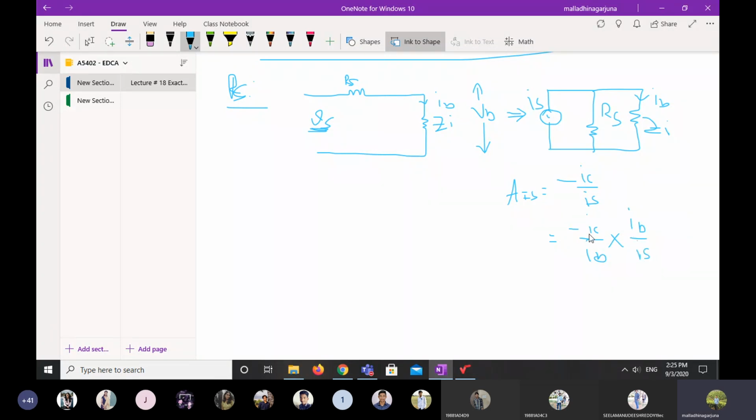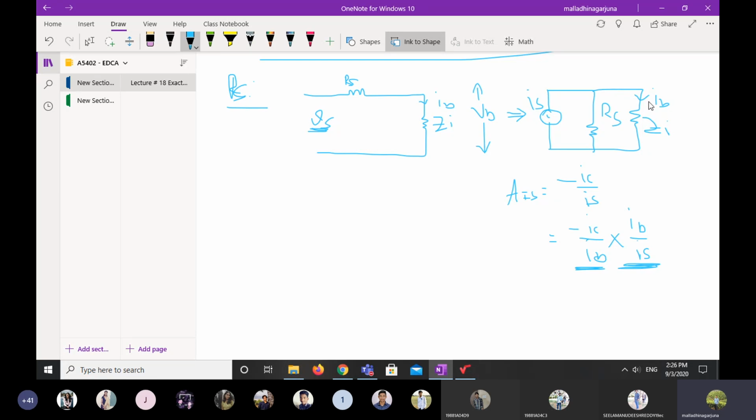Okay, so IB can cancel, and I get IC by Is. Of these two parameters, I know minus IC by IB, which I already calculated without taking the source resistance. Now the only thing is I have to calculate IB by Is.